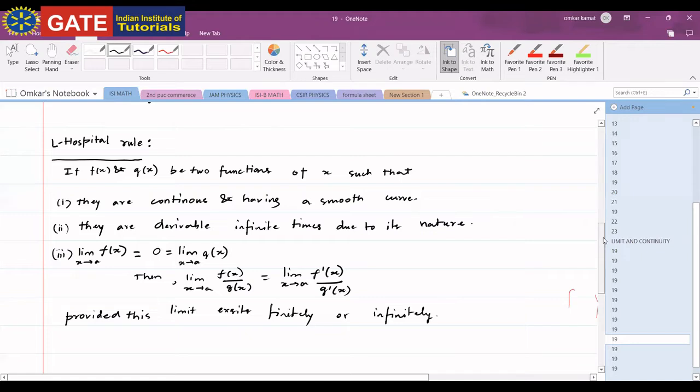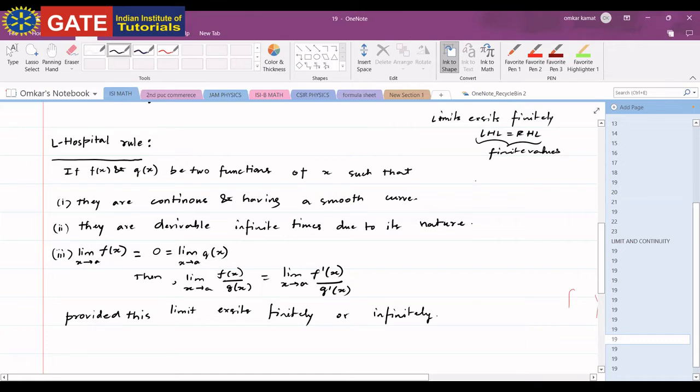No, here whatever I am talking about is meaningful limits. What is your question? Yesterday, when I told that limit exists, limit exists finitely only when LHL is equal to RHL, and they also both have finite values.